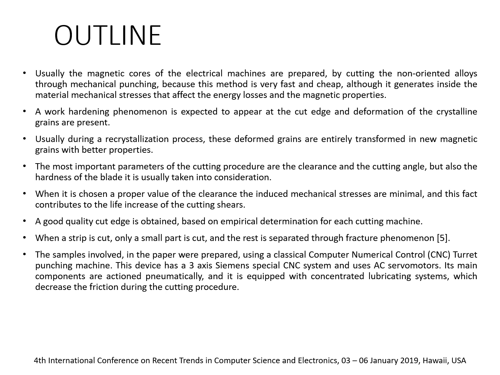Usually, during a recrystallization process, these deformed grains are entirely transformed into new magnetic grains with better properties. The most important parameters of the cutting procedure are the clearance and the cutting angle, but the hardness of the blade is also usually taken into consideration.